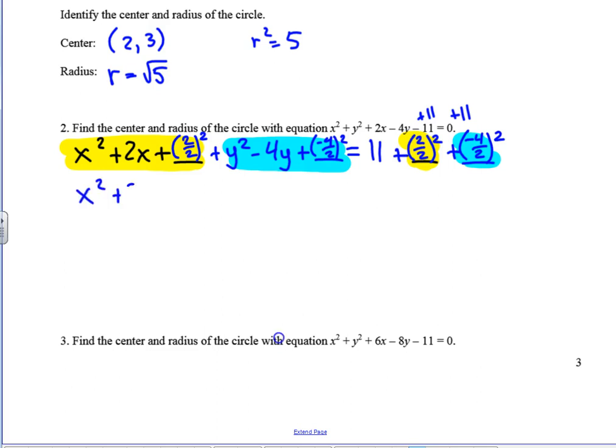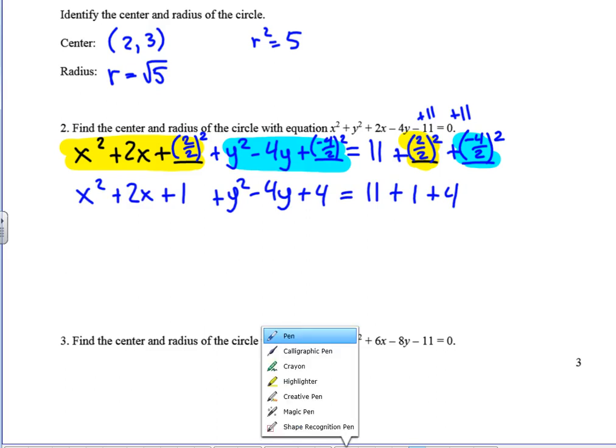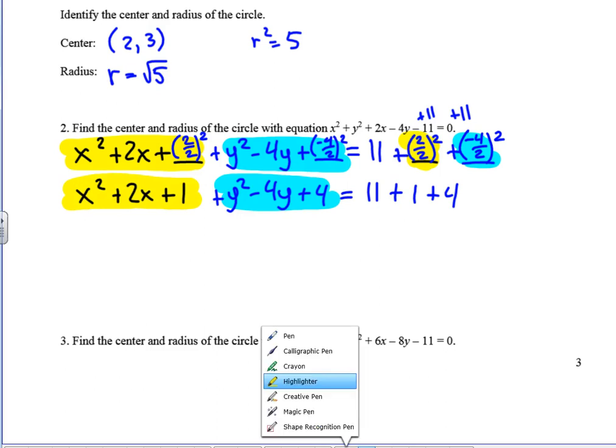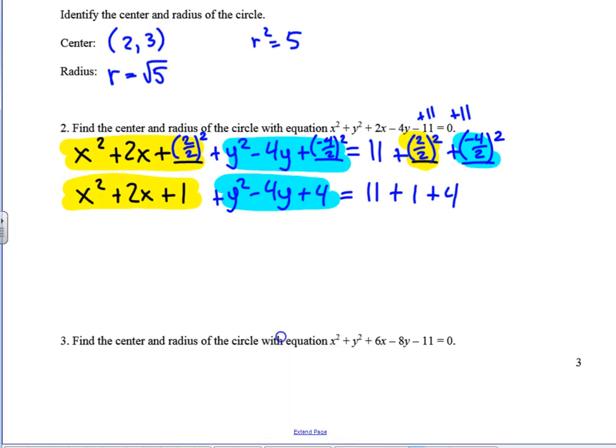So this would be x squared plus 2x plus 1 plus y squared minus 4y plus 4 equals 11 plus 1 plus 4. So again, we have our perfect square trinomial and our perfect square trinomial. So we can rewrite this as a binomial squared.